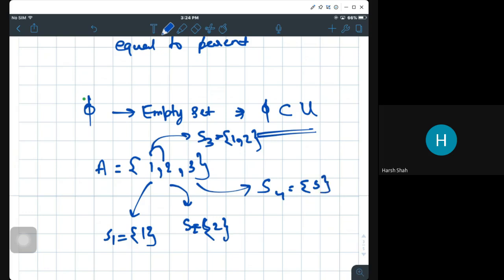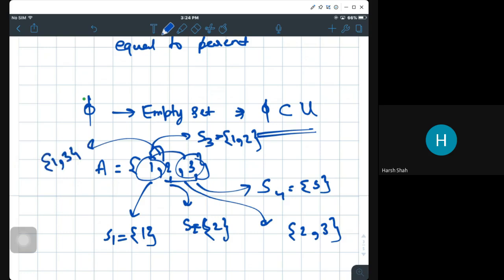Fifth subset is 2 comma 3. My sixth subset is 1 comma 3. Or another choice, let me take all of the 3 and write 1, 2, 3. The last choice I have is to take nothing of it and my set will become empty.